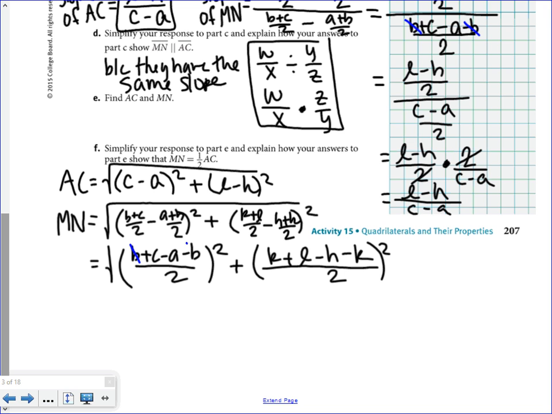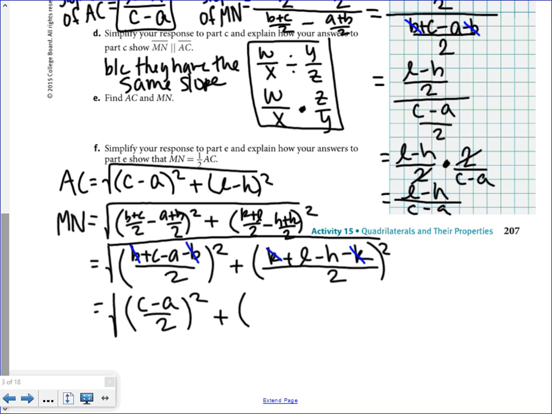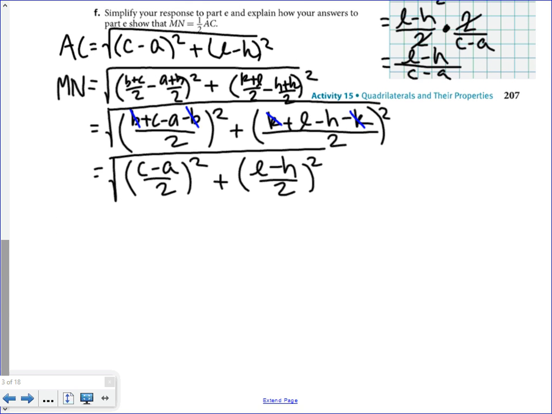Your B's are going to cancel, and your K's are going to cancel, leaving you with C minus A over 2 and L minus H over 2. And then, since we have a divide by 2, we can make that a 1/2.